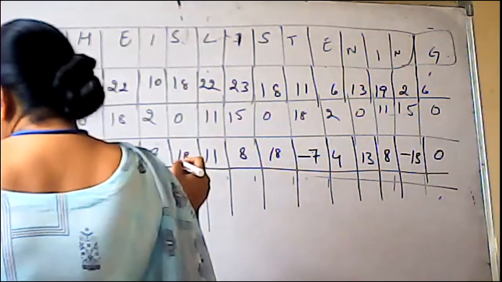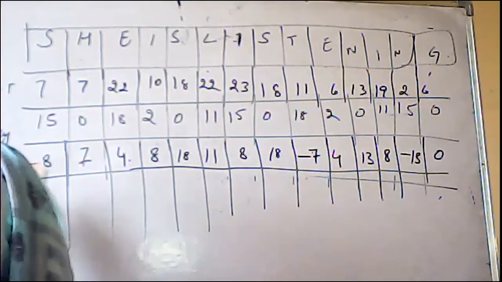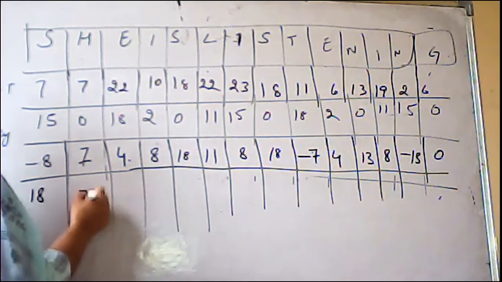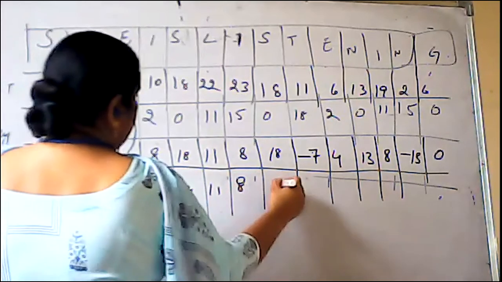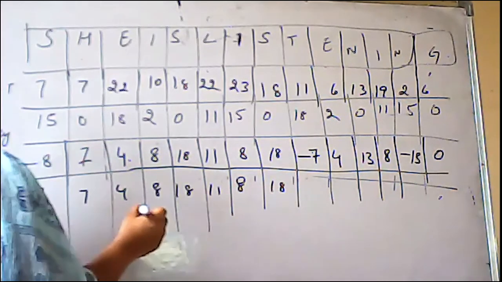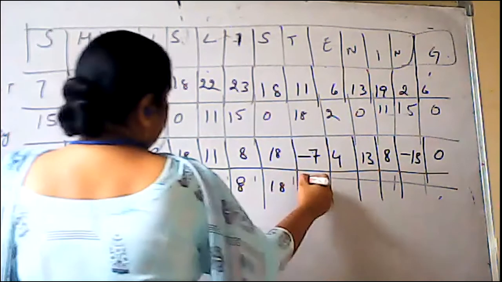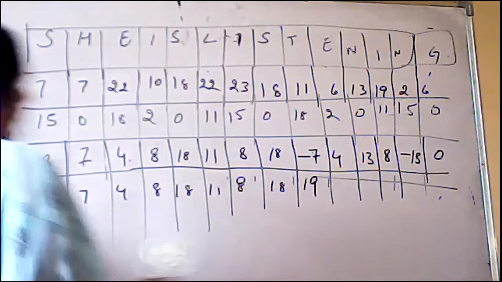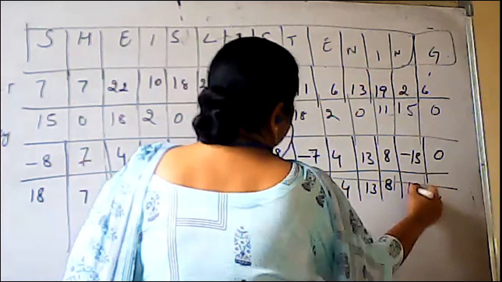Okay. So now wherever the value is minus, add 26 to it. So you will get 18. Then you will get 7, 4, 8, 18, 11, 8, 18. Then minus 7 plus 26, you will get 19 here. Okay. Then you will get 4, 13, 8, 13 here.